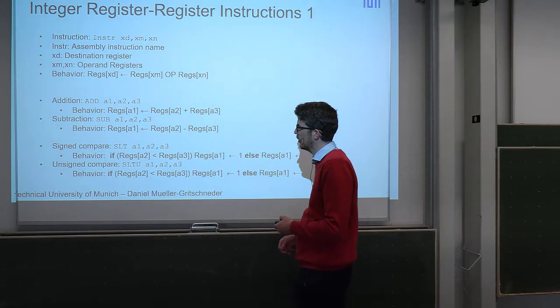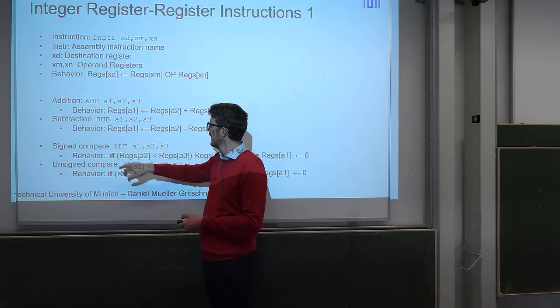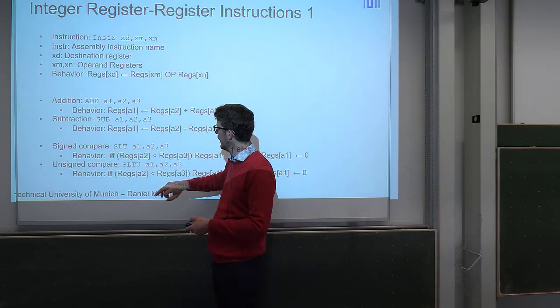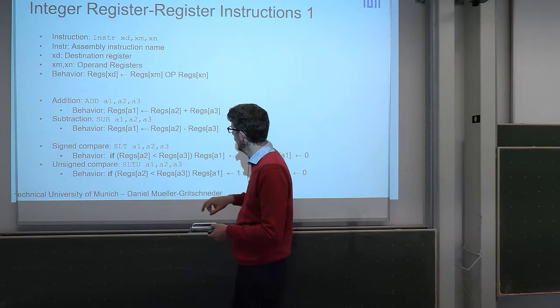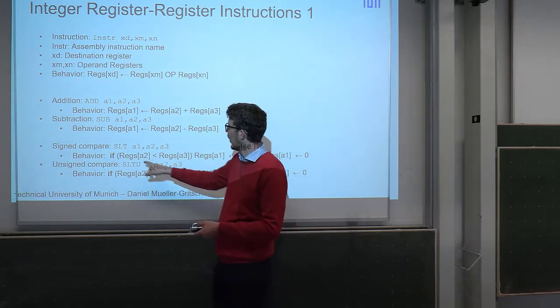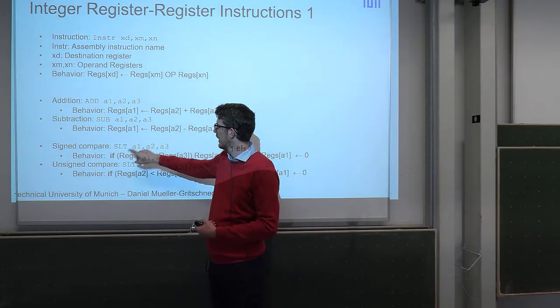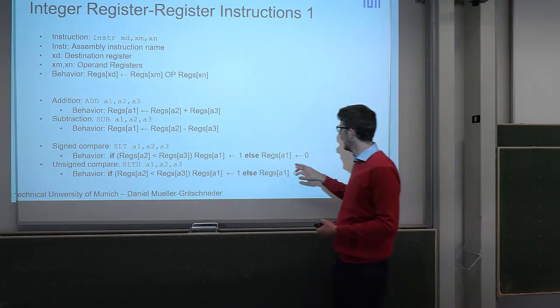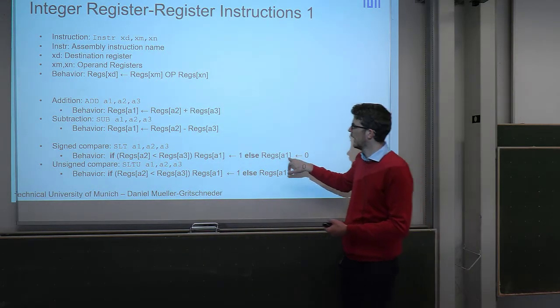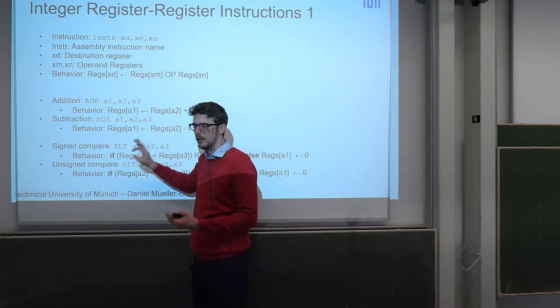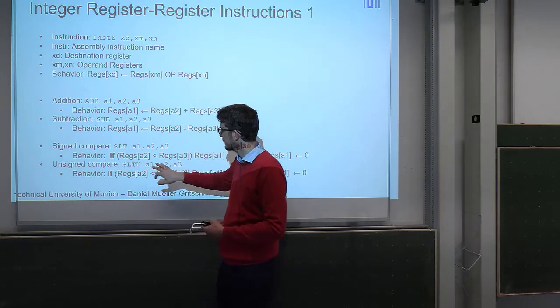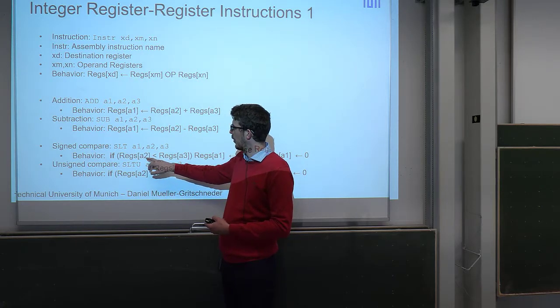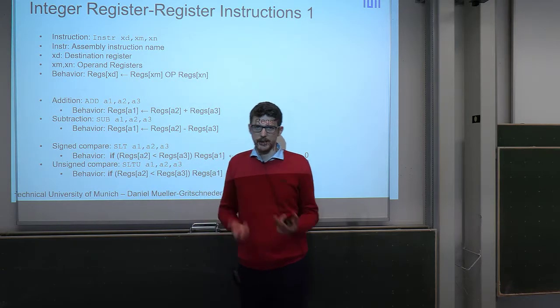Then there are two compare instructions. You give the two operands, and if A2 is smaller than A3, it will set a 1, which means true, into A1, otherwise it will set a 0 into A1, meaning false. There we have a comparison. You also have to be careful whether a register keeps a signed or unsigned value.